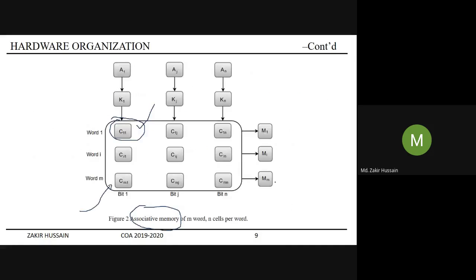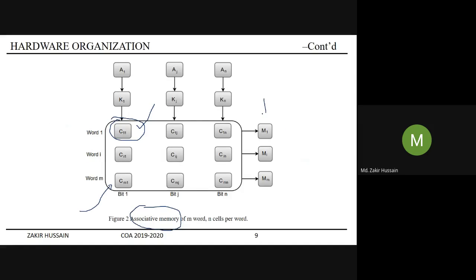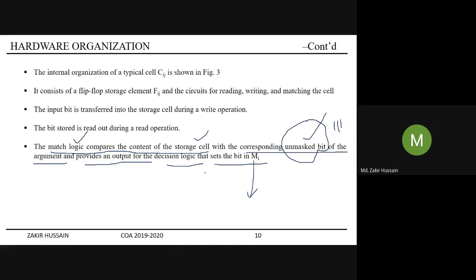So the match logic compares the content of the storage cell with the corresponding unmasked bit of the argument, wherever you have put the corresponding bit, and provides an output for the decision logic that sets the bit in MI. MI is your match register. The corresponding bit is set to 1 or 0 depending upon this comparison.